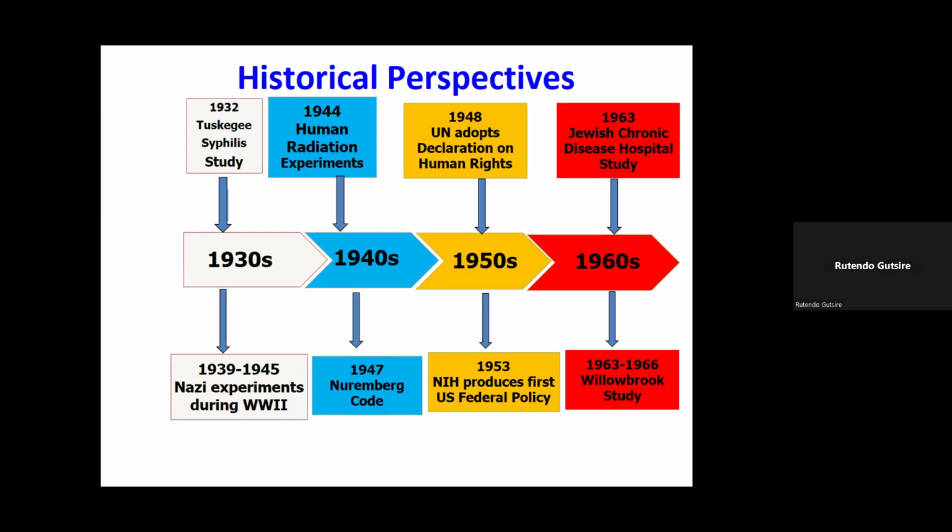What used to happen in the past is now helping us learn how to do research properly. We have several cases that happened in the 1930s, 40s, 50s, 60s. Even now, there is still unethical research going on, but there are research ethics awareness seminars.